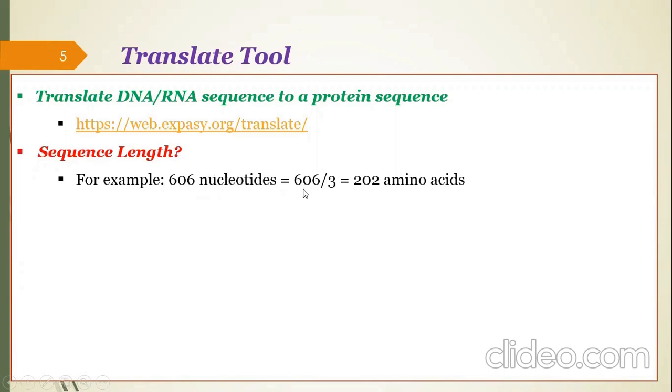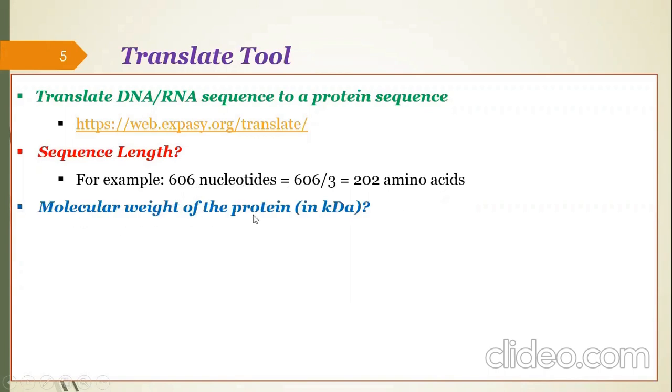That's simple, 606 divided by 3, because 3 nucleotides combine together to form one codon, and that codes for an amino acid. So that will equal 202 amino acids. So 606 nucleotides will equal 202 amino acids, and you know better than me.